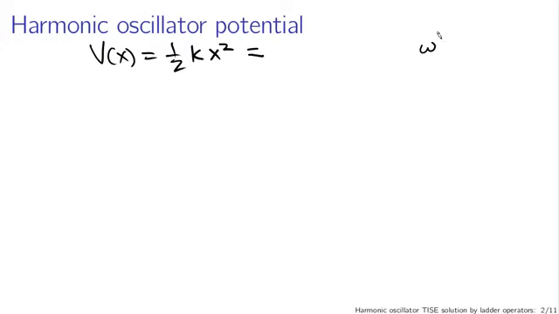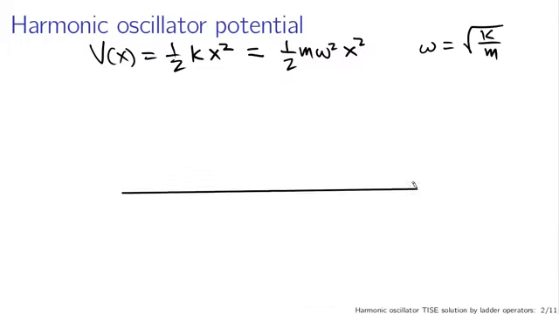The angular frequency of the oscillations that result when a mass m is on a spring with spring constant k is the square root of the spring constant divided by the mass of the particle. And if you substitute this in here and simplify a little bit, you end up with 1/2 m omega squared x squared. So this is the form of the potential that we'll be using.